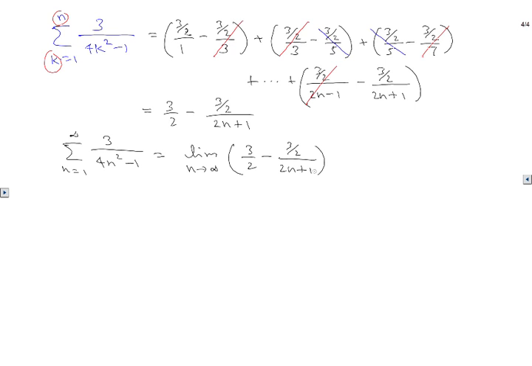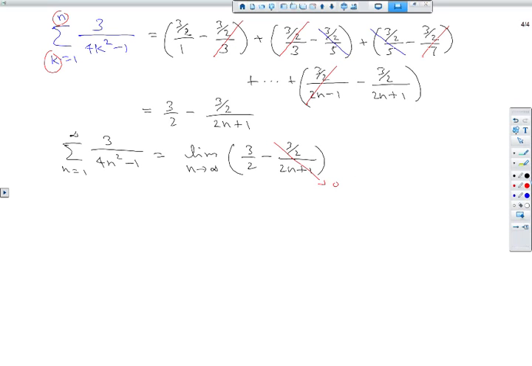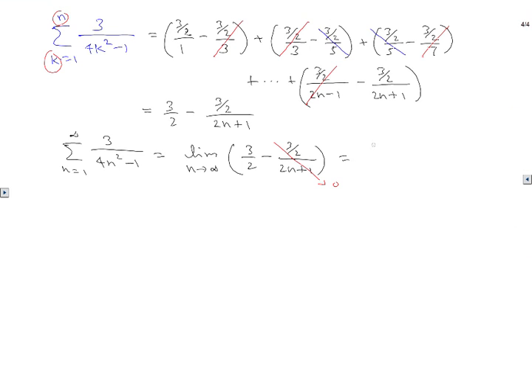But we know that when n goes to infinity, this term goes to 0. So you simply end up getting the first term, 3/2, which is finite. So that's what the series converges to.